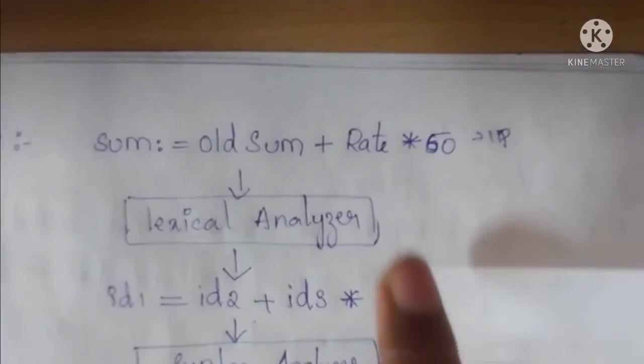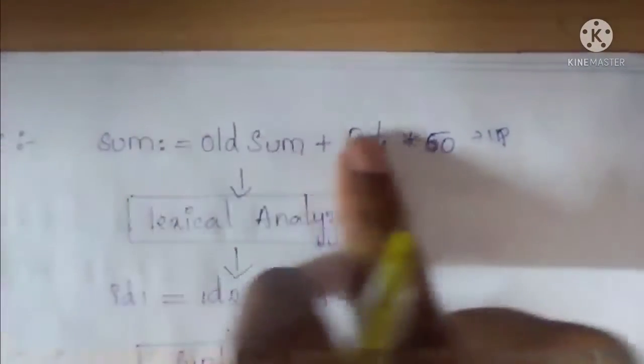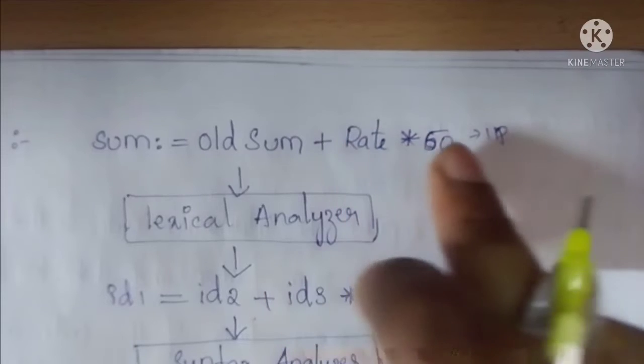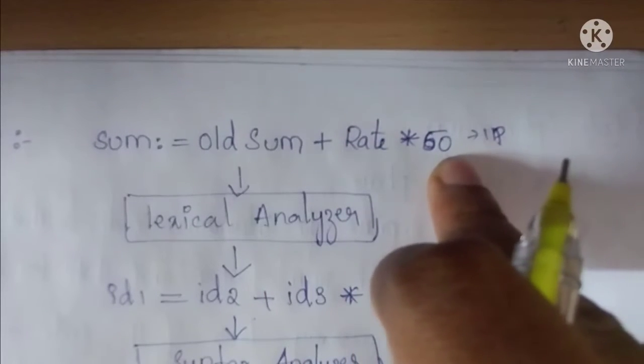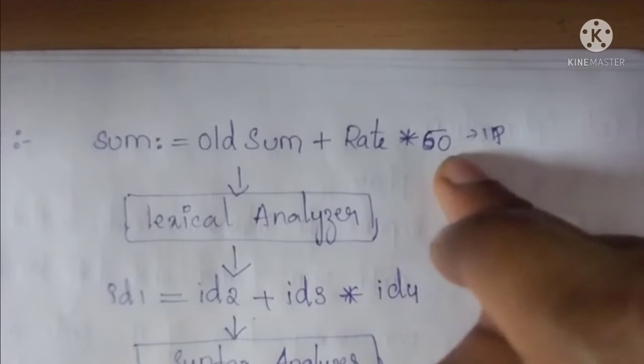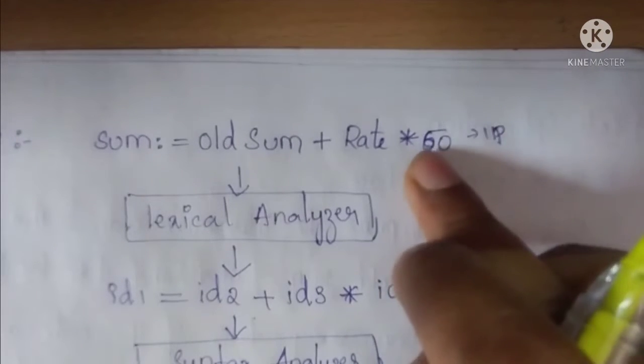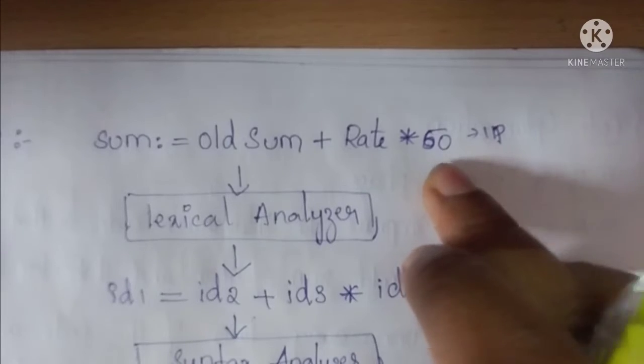These are all identifiers we are assuming, but this is a value. We have to represent this value as it is, because in place of this value we can't use any other value. We have to use only the 50.